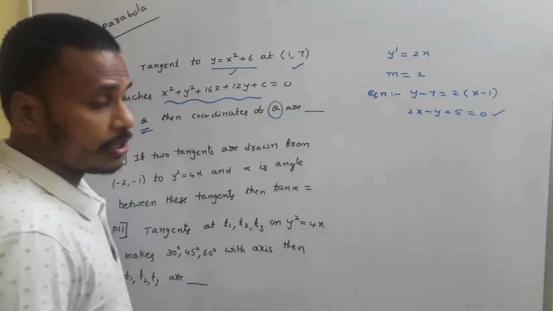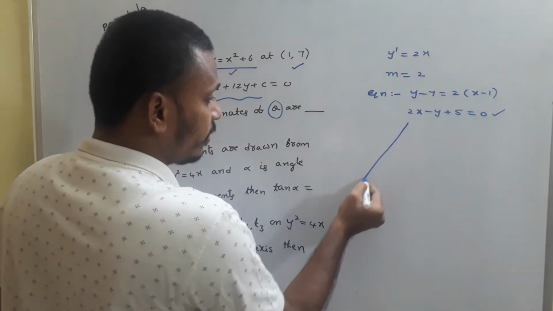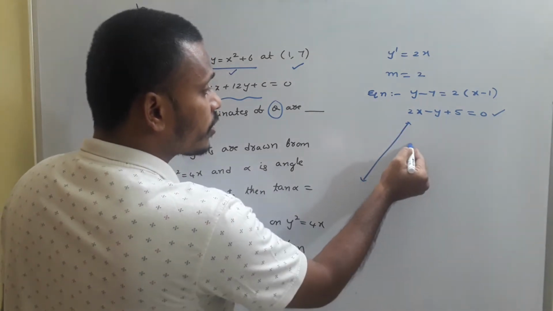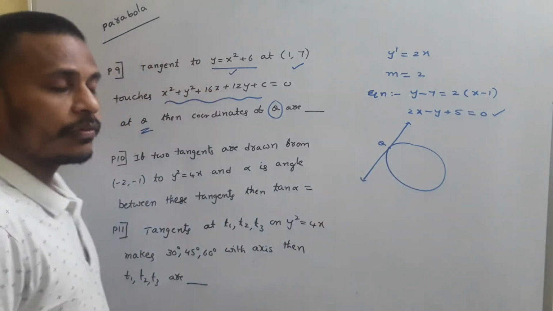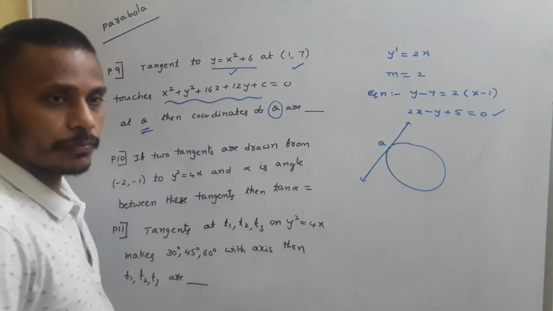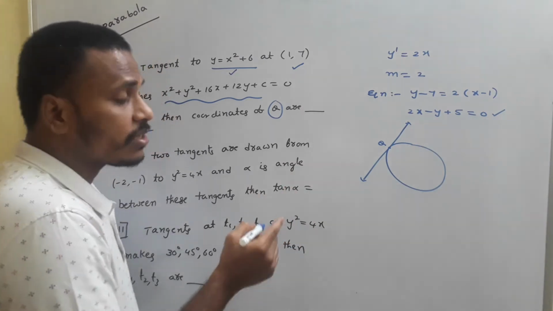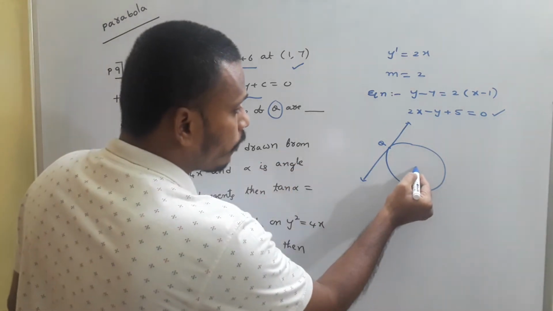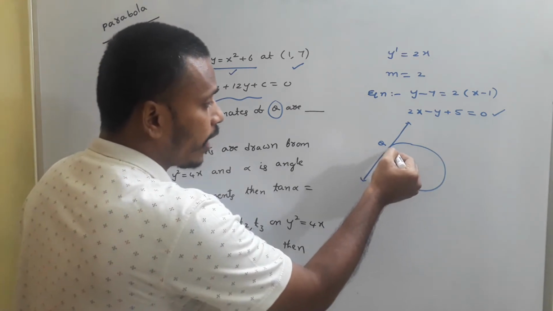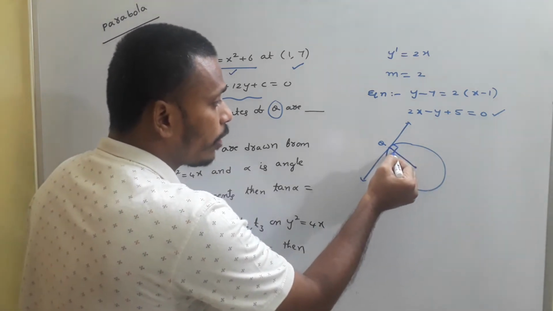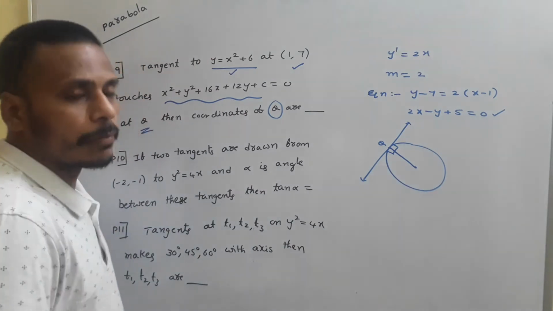Now the next task is, this tangent line is touching the circle at the point q. We need to find out the coordinates of q. So if a line is touching the circle at a point, then from the center of the circle, this point of tangency is the foot of the perpendicular.